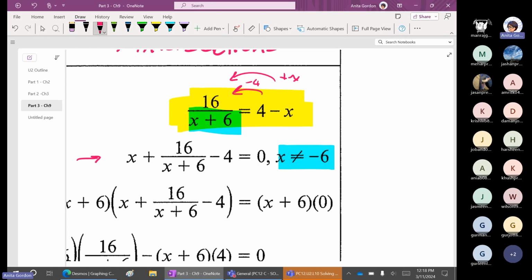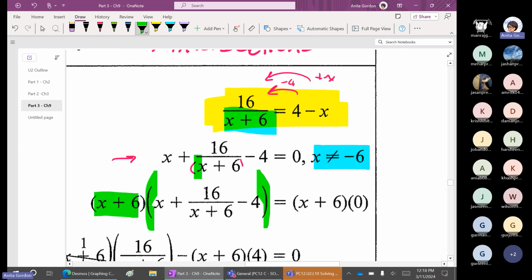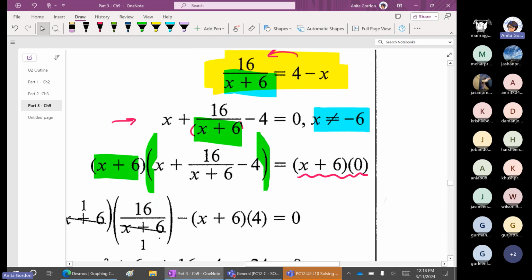In order to get rid of the denominator, I only have one denominator. So I'm going to take my entire function and multiply by the denominator. You'll notice that on the right side, I do it as well, but because there's a 0 there, it just stays 0.